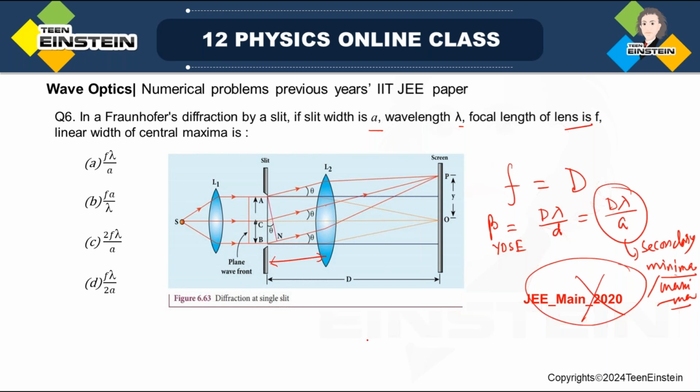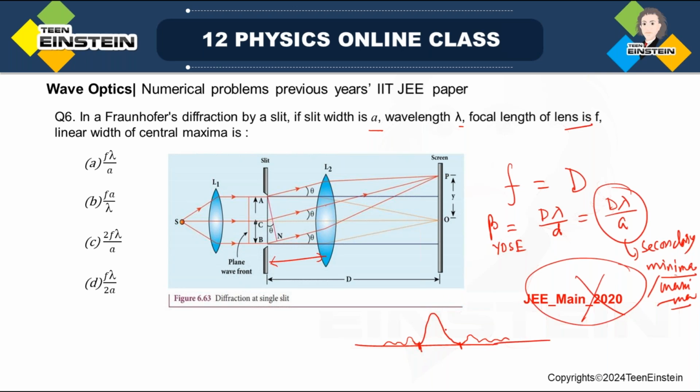Yesterday in the class also we had explained: this is the central bright one, and just after that there will be the first minima, and like this it will go.